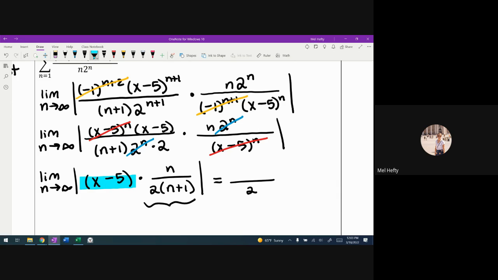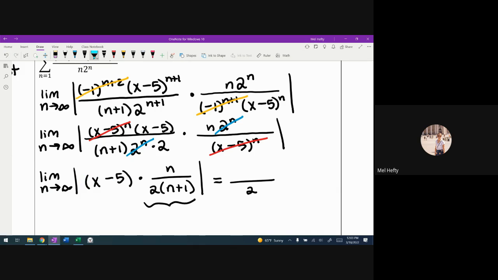As far as our limit goes, what variable is in our limit? Look at the variable for our limit. N. A weird question. Is x n? No. So with respect to this limit, is x a variable? No, it's a constant.